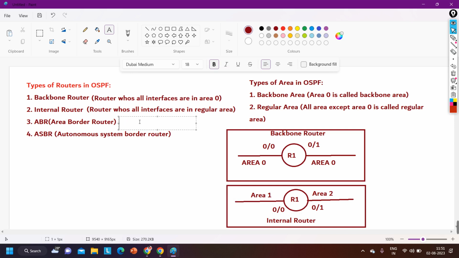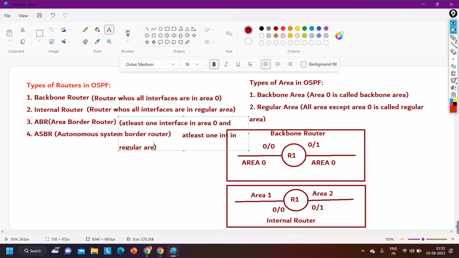So router whose at least one interface belongs to area 0 and at least one interface in regular area.